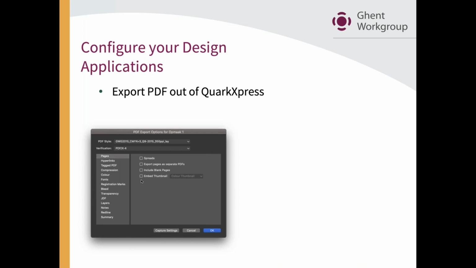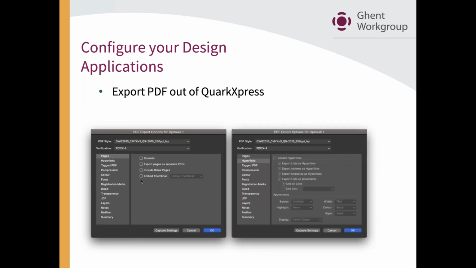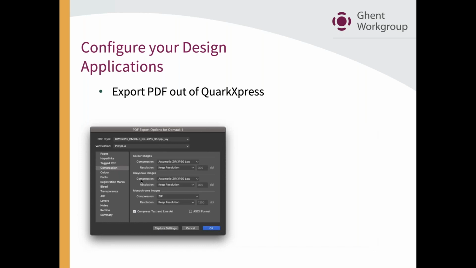Embed thumbnails, which is sometimes asked, especially for workflows, because files are faster to reproduce when they already have a thumbnail. Otherwise, it's generated on the fly in the workflow system. Hyperlinks: these settings are more or less if you want to create an interactive PDF, which is not the one we're talking about today, but it's just to mention.